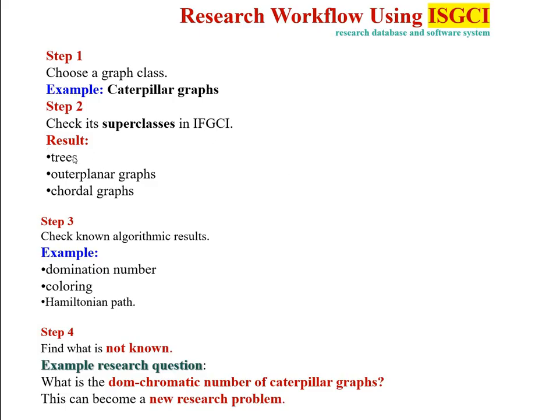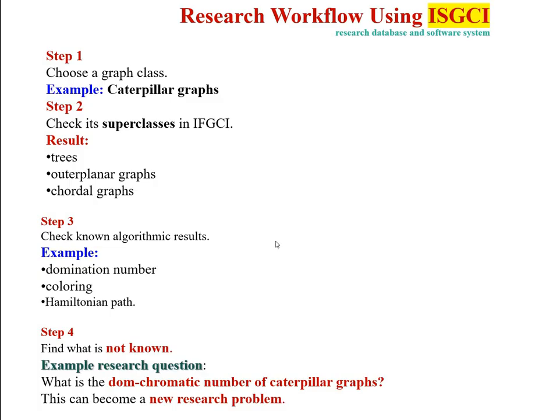It will result in trees, outerplanar graphs, chordal graphs. So check known algorithmic results, like domination number, coloring, Hamiltonian path. Find what is not known. So your example research question could be, what is the dom chromatic number of caterpillar graphs or any other subclass? So this can become a new research problem.